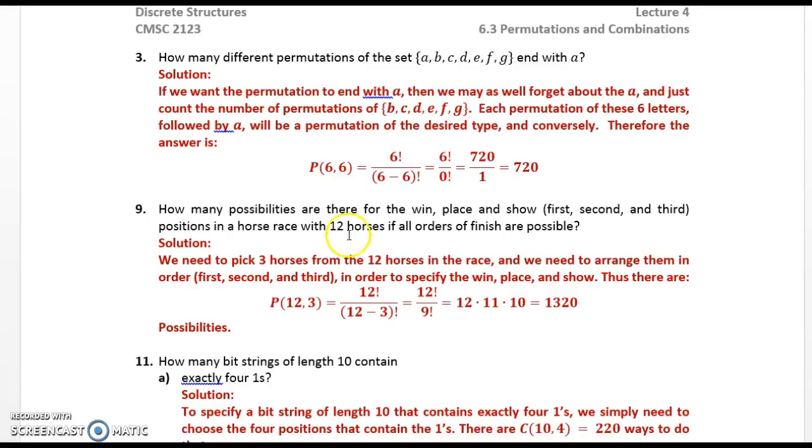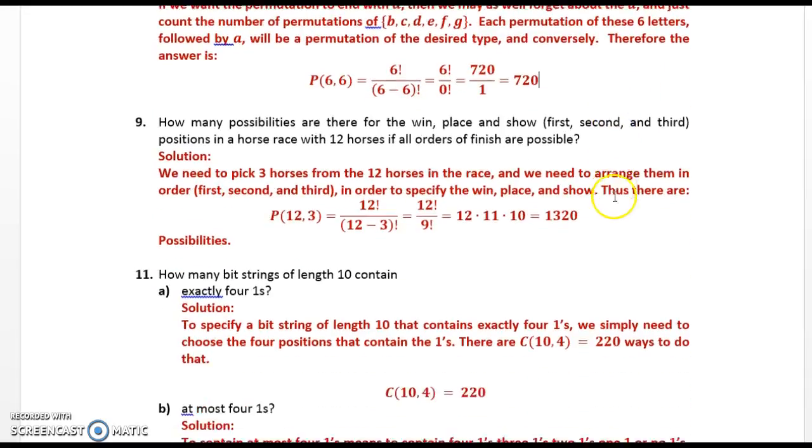If we want a permutation to end with A, then we may as well forget about the A and just count the number of permutations of B, C, D, E, F, G. Each permutation of these 6 letters followed by an A will be a permutation of the desired type, and conversely. Therefore, the answer is P of 6, 6, which is 6 factorial over 6 minus 6 factorial, which is 6 factorial over 0 factorial, which is 720 over 1, which is 720.